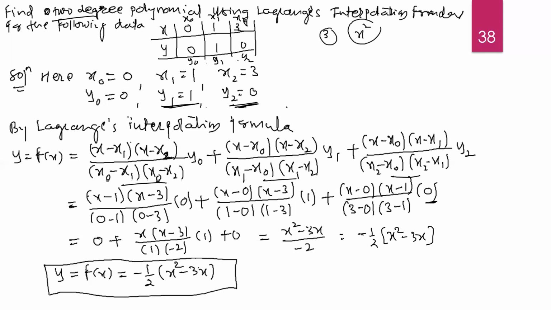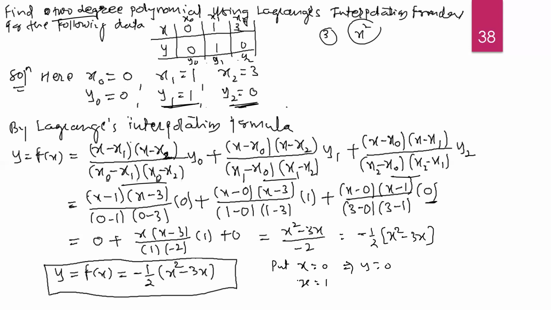We can also verify whether the result is correct or not. Put x is equal to 0 here, then we get y is 0. Put x equal to the next value, x is 1. Substitute x is equal to 1.